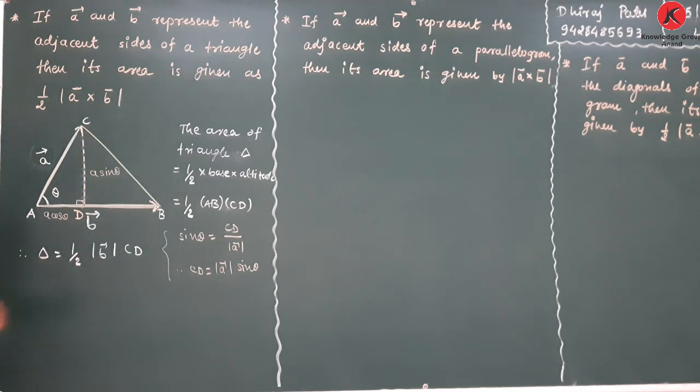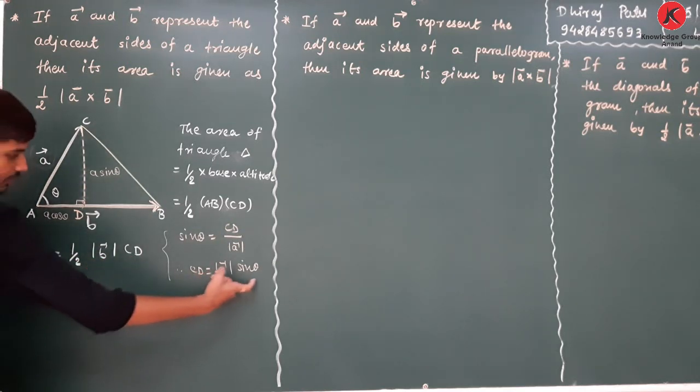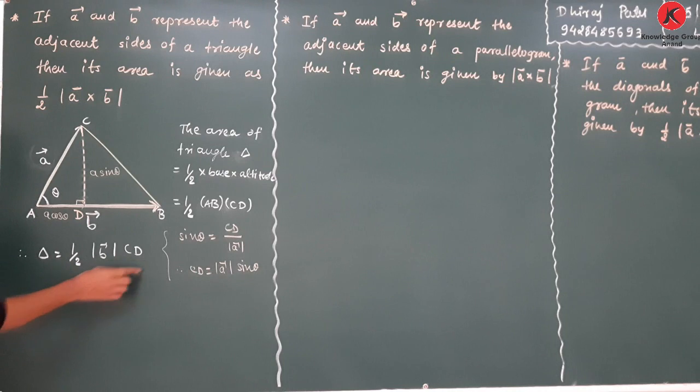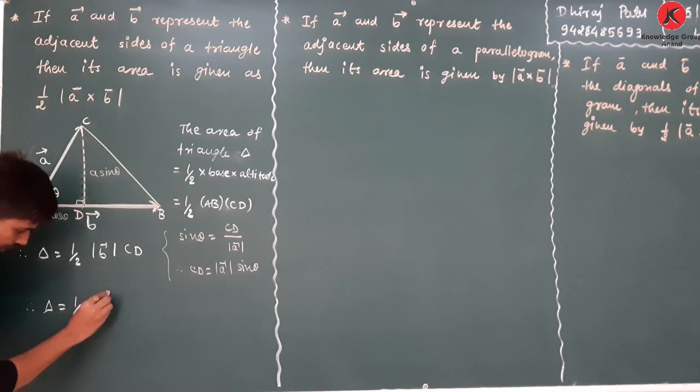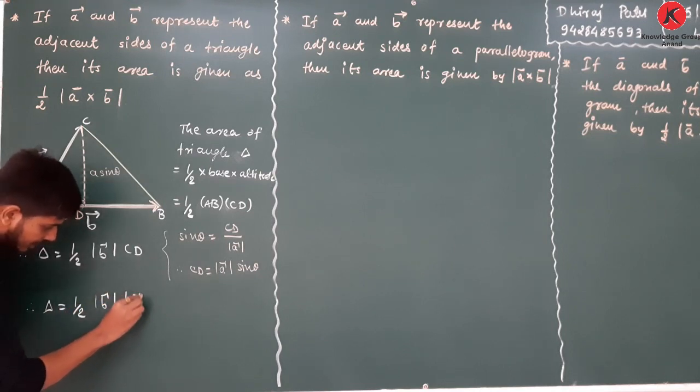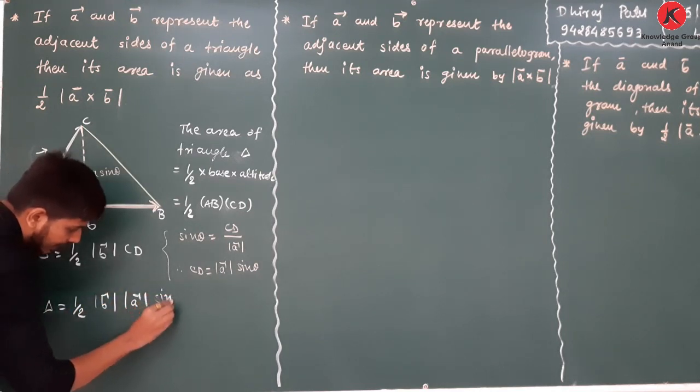Therefore delta equals half magnitude of vector B into magnitude of vector A sin theta.